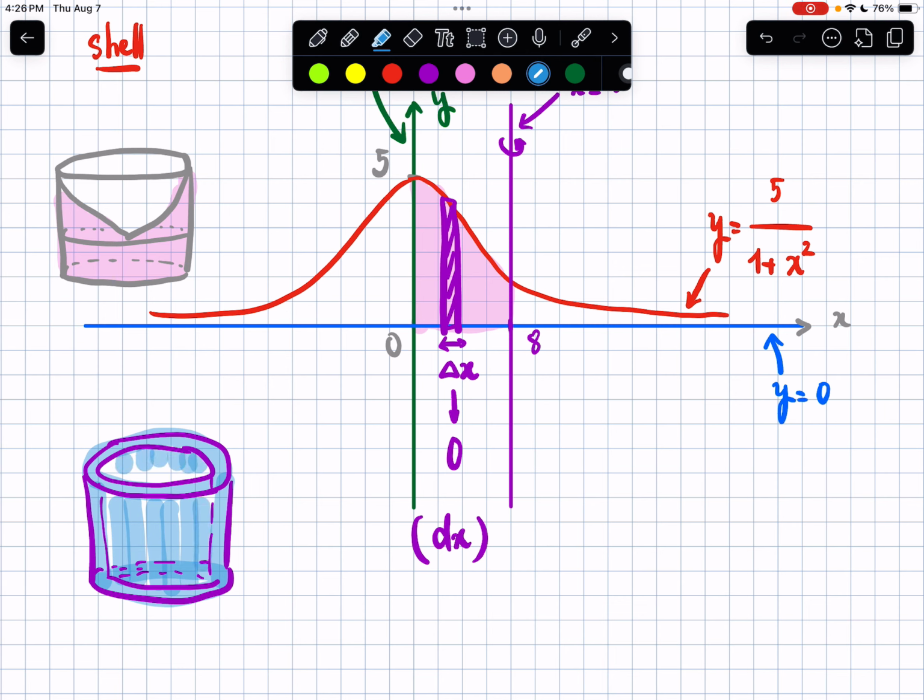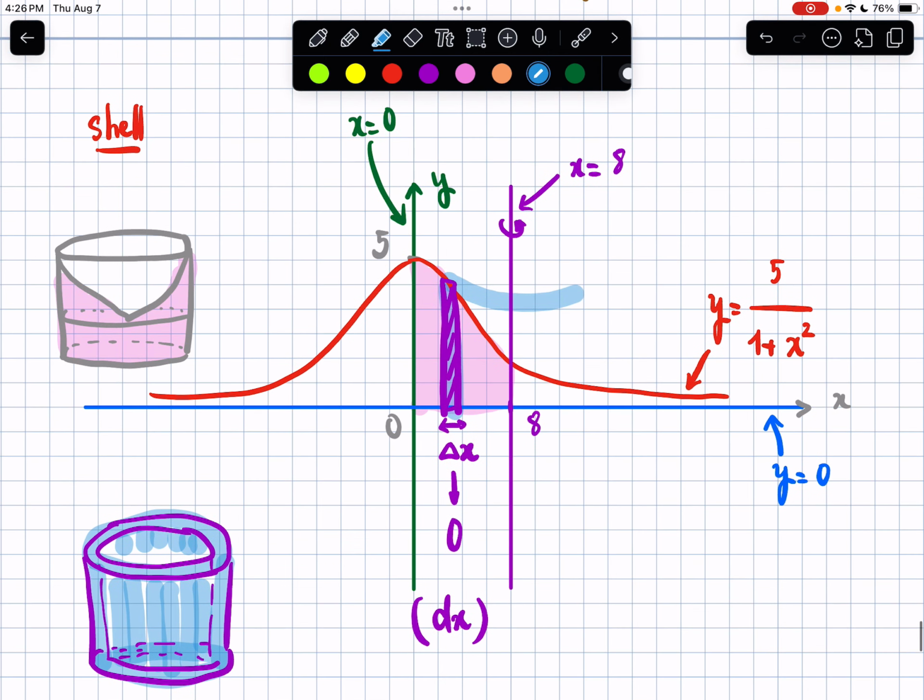Now we need to compute the volume of each shell, and then take the sum of all the infinitely many thin shells.